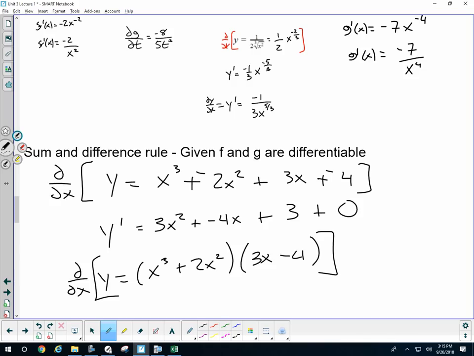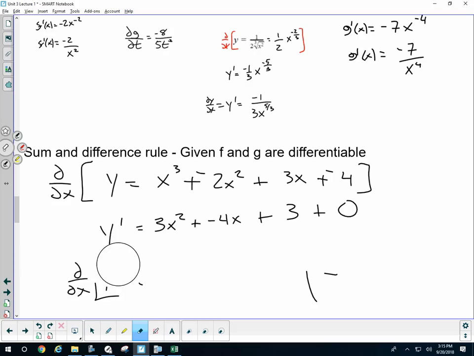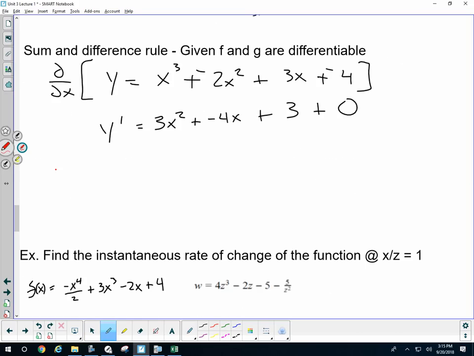Not right. Okay? So it's important to state this because it doesn't work. It's not the same for multiplication or division. Okay?